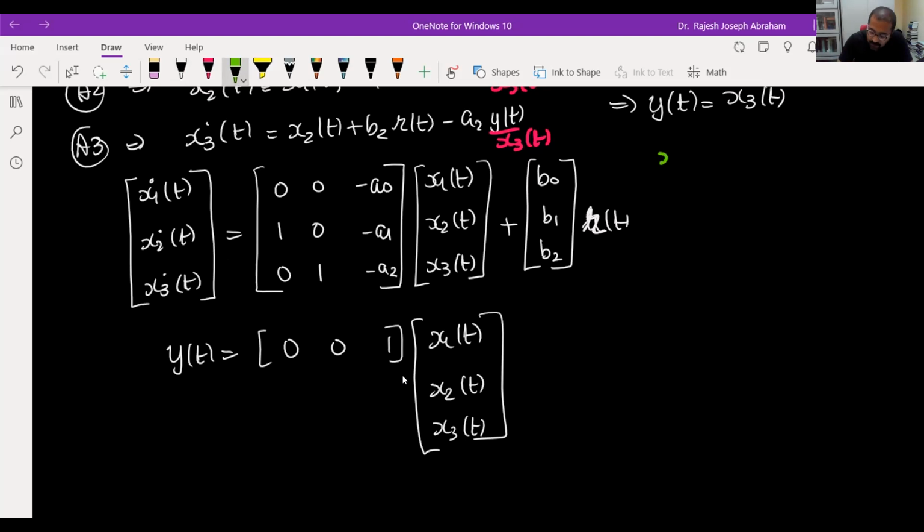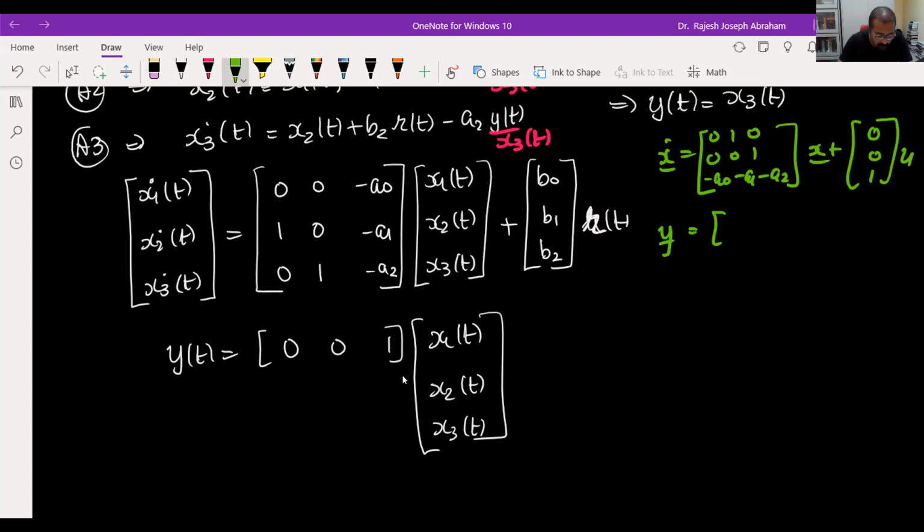Controllable canonical form: x dot equals 0, 1, 0, 0, 0, 1, minus a naught, minus a1, minus a2, into x plus 0, 0, 1 u, and y will be b naught b1 b2 into x. So this is controllable canonical form and this is observable canonical form.